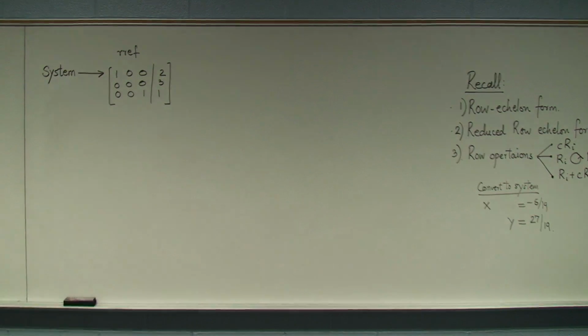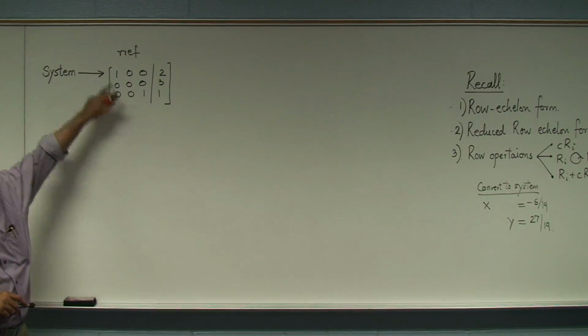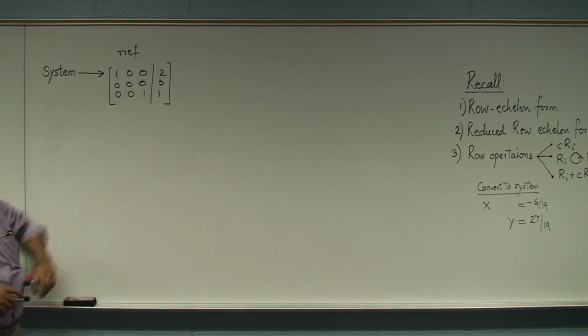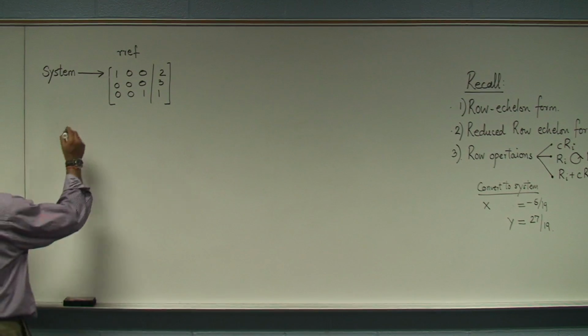Suppose I got something like this. First of all, can we say that it is a row reduced echelon form? You can check it matches the definition of row reduced echelon form. We have ones as the leading non-zero entries, and everything else is 0 in that column.